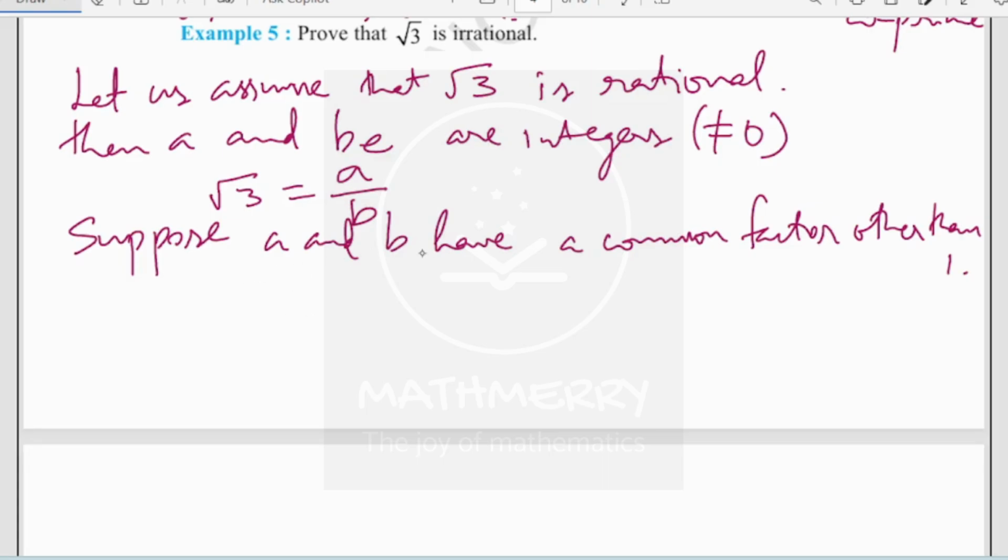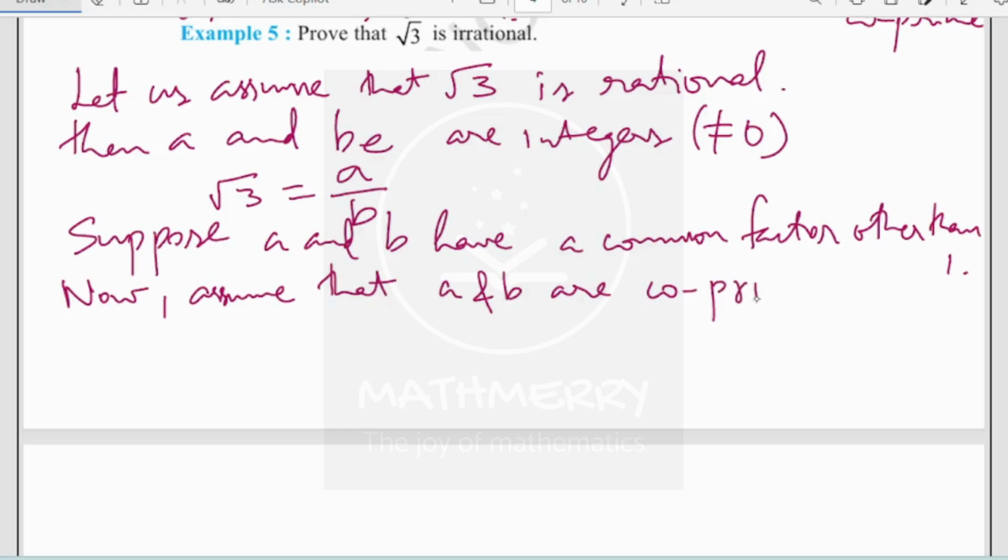Then we can divide by the common factor and assume that A and B are coprime. Now coprime means they only have 1 as their common factor.